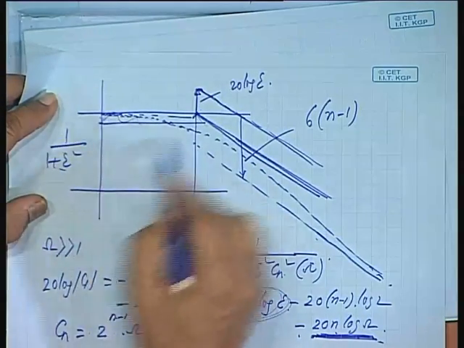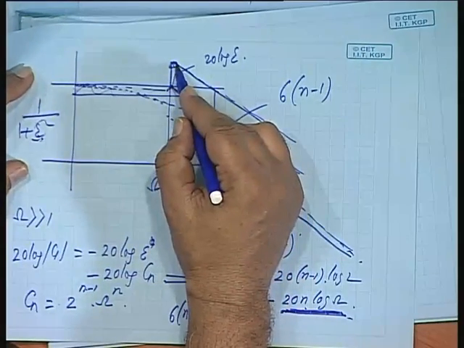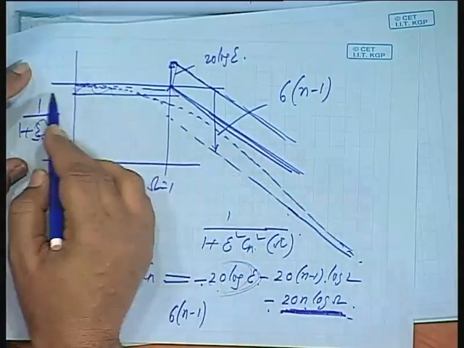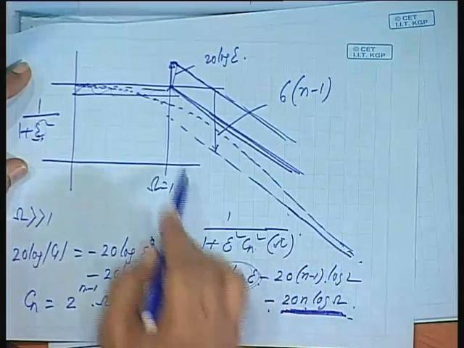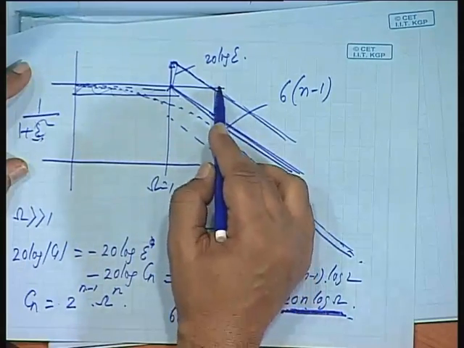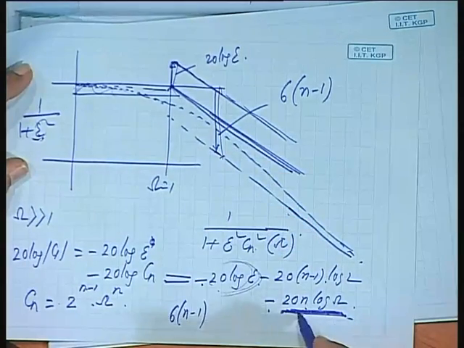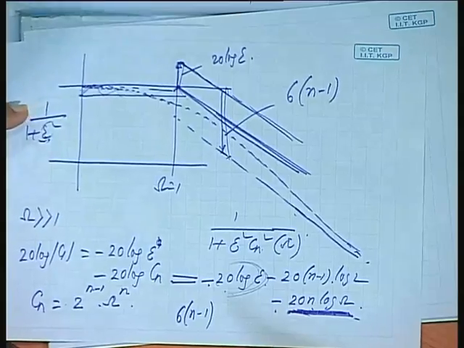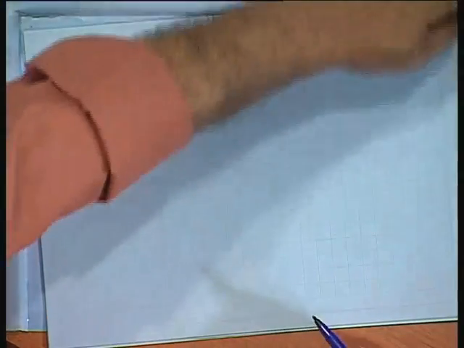So if the ripple width is given, you know epsilon. Once you know epsilon, you know this 20 log of epsilon, and from the given characteristics you know what the rate of fall should be. So n can be selected from there. This is how we select the specifications in terms of n and epsilon in the case of a Chebyshev filter.